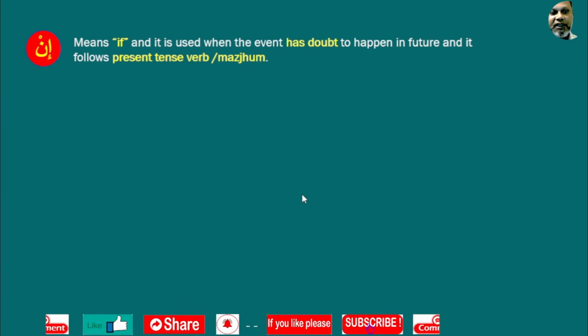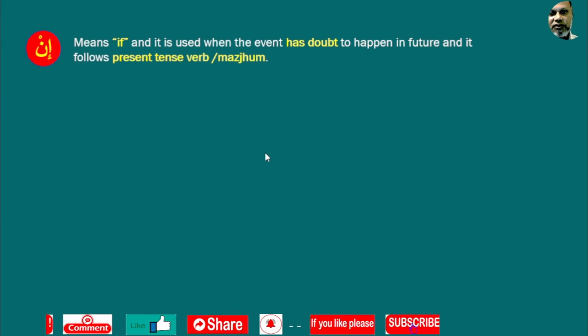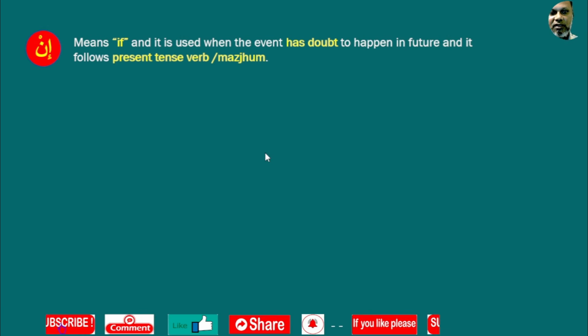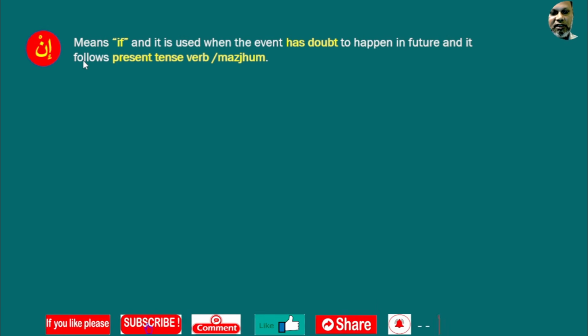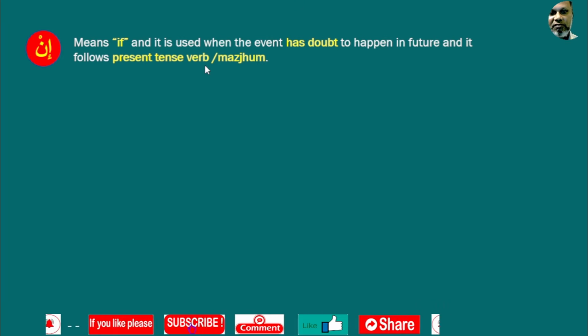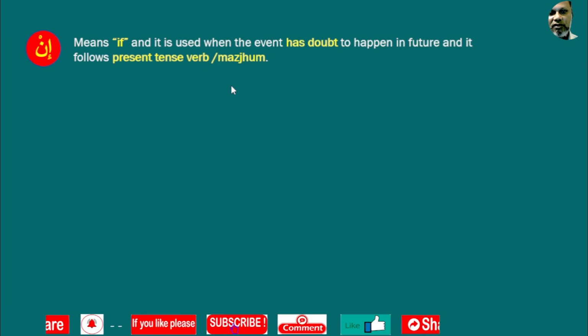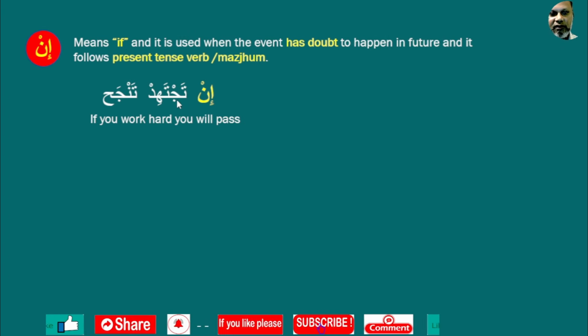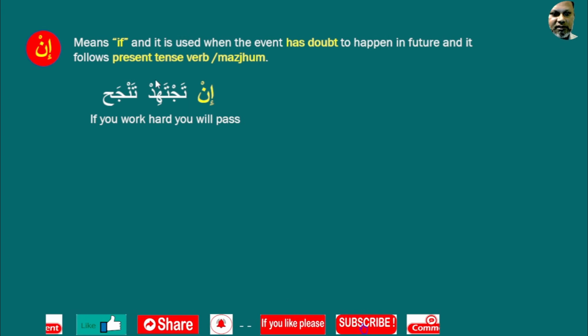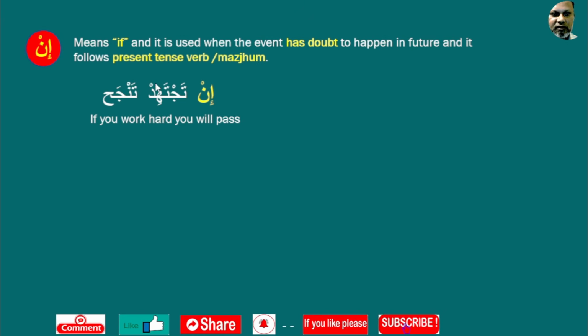Now we'll see in. In is used for a future event as well, but where there is a doubt about it happening, and the verb after in will be present tense with sukun on the last letter. Like if you work hard, you will pass. In tajtahid, this is the present tense verb with sukun.